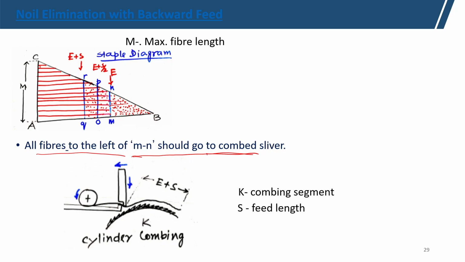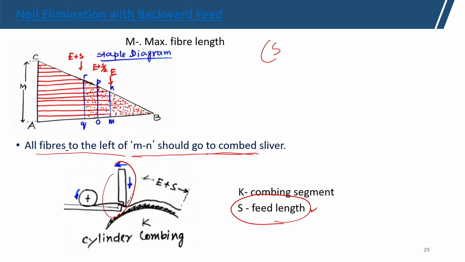Now you can see here it is the backward feed. During this backward feed, when the nippers are closing, that means moving backward, the feed takes place. The feed amount is S, the feed length per cycle, and K is the combing segment.